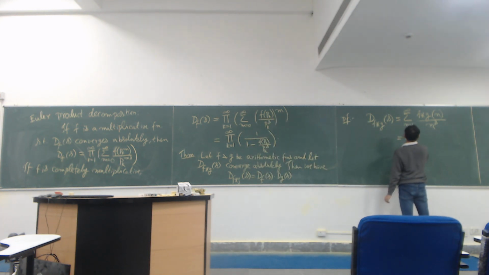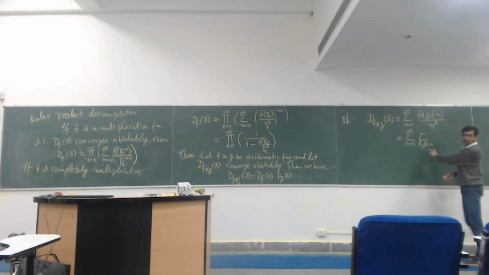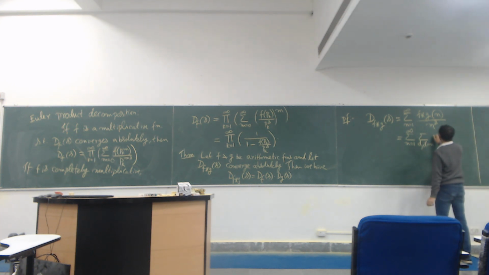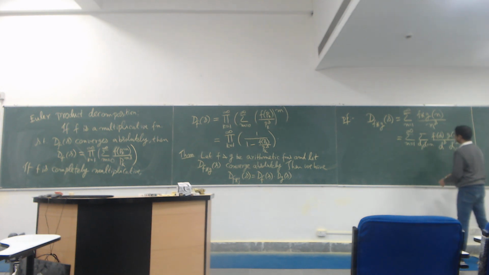This is the summation n running from 1 to infinity, summation over d and d prime, where n you will be decomposing as the product of d and d prime, and you are writing f(d) g(d prime) by d power s times d prime power s.